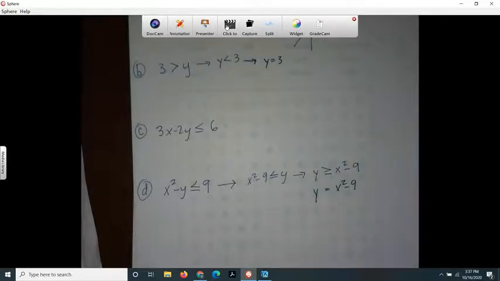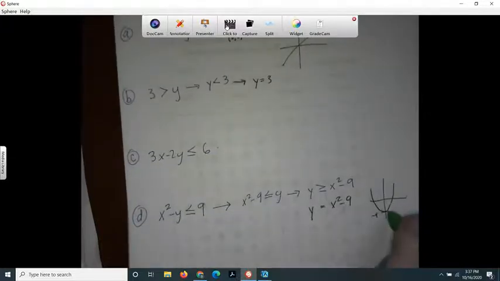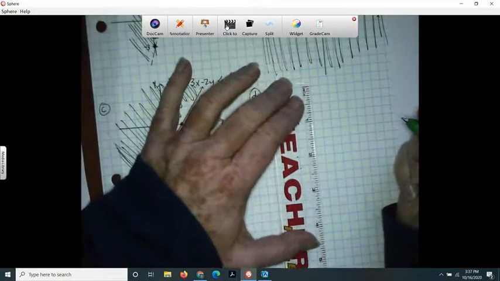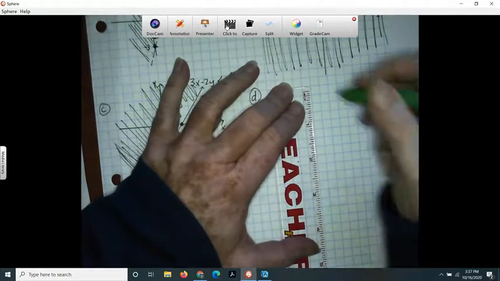Now, I know x squared minus 9 is going to be like, if that's negative 9 right there, it's just going to look like that. I don't know if I want it to be super perfect, but I definitely need that point right there. So I'll make sure that my graph goes that low.